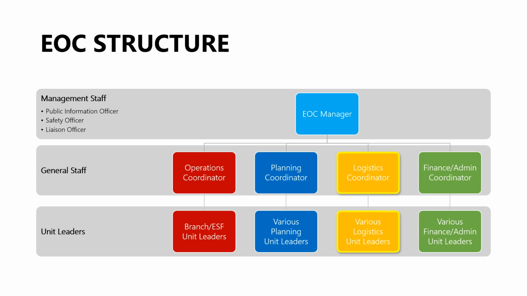The EOC structure is expandable and flexible, and it works off the principle of activating only what is needed. Positions will be dependent on the response level, so not all positions may be staffed in an event. Management and planning sections are normally staffed, and just remember that the section coordinators are responsible for all the work in their section, even if their section isn't fully staffed or activated.